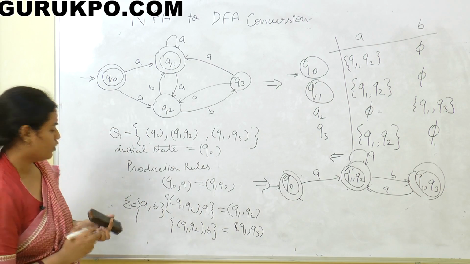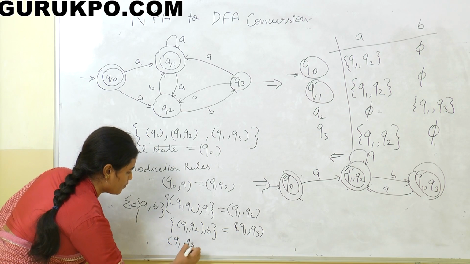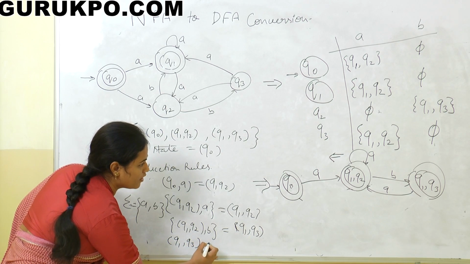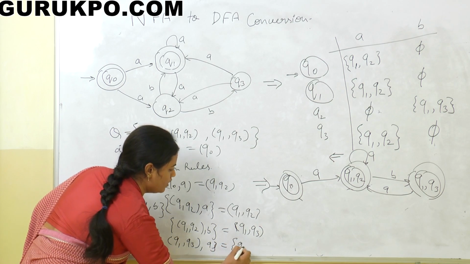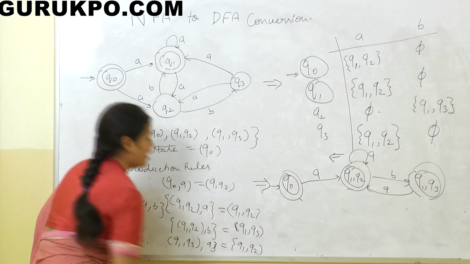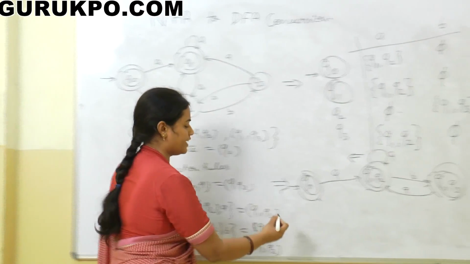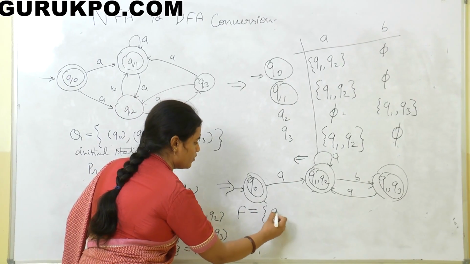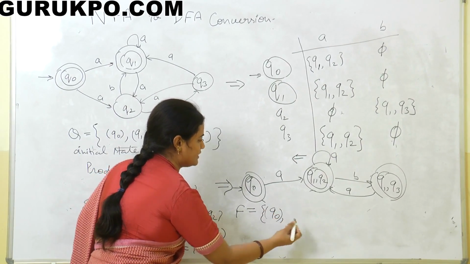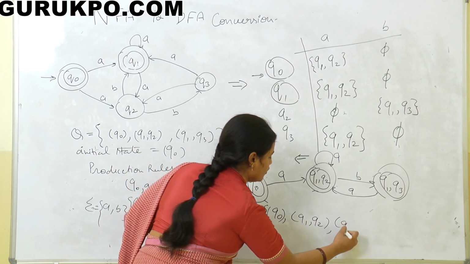At state Q1, Q3, I am applying A, then I will reach the state Q1, Q2. And the 5th tuple of any DFA is the set of final states. In this case, F is Q0. Q1, Q2 and Q1, Q3 are also final states.